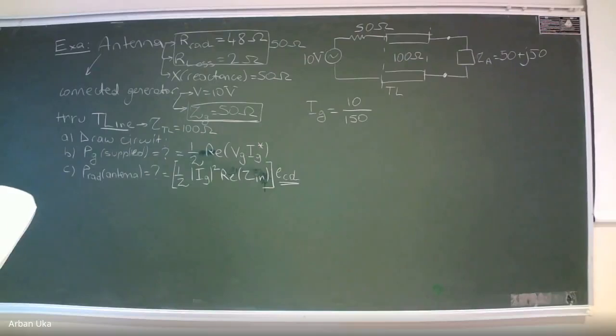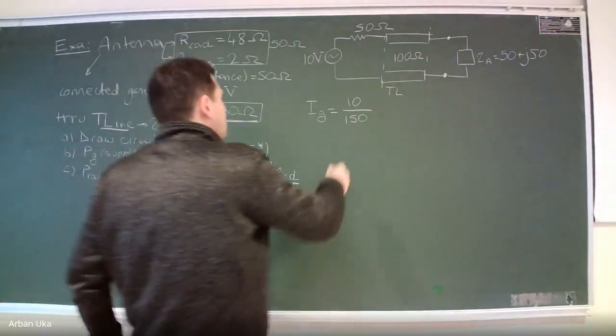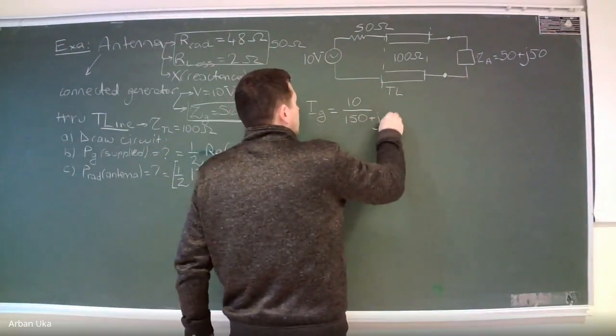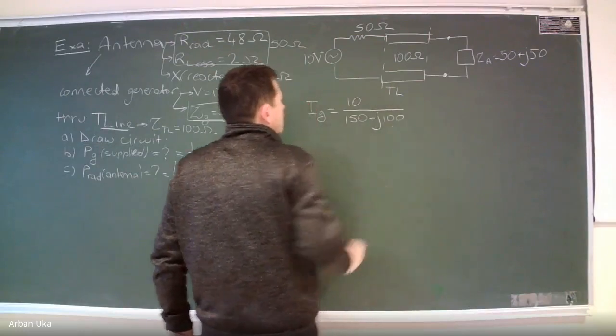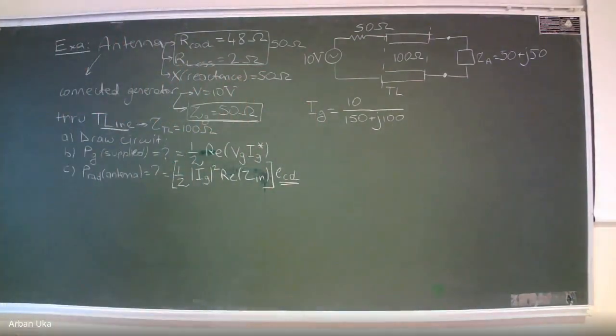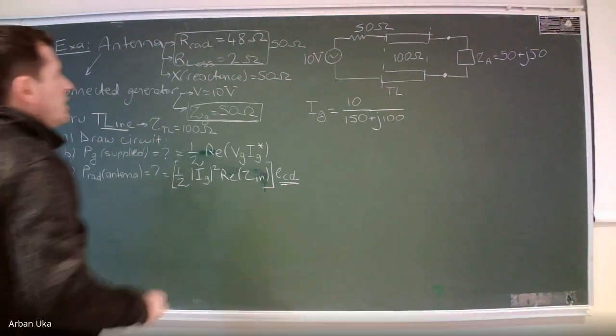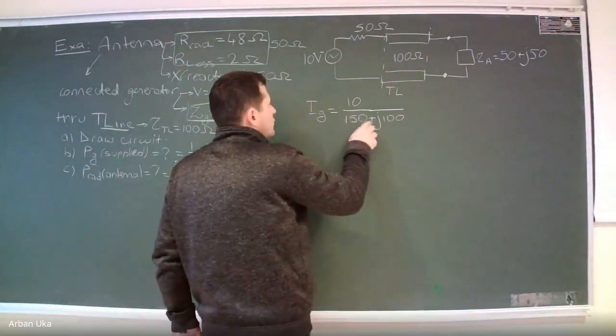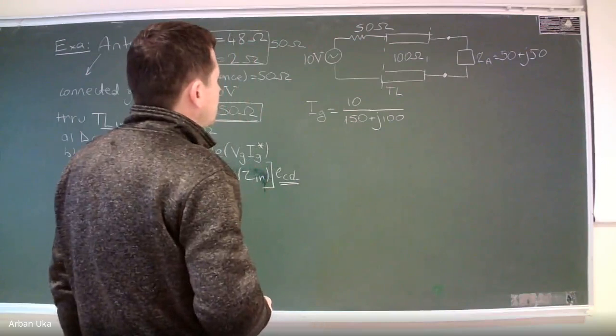And then regarding the current that we develop here, this is equal to 150 plus J100. In this calculation, the amplitude that we are going to obtain is that we have to find the magnitude, or the norm, of these numbers.